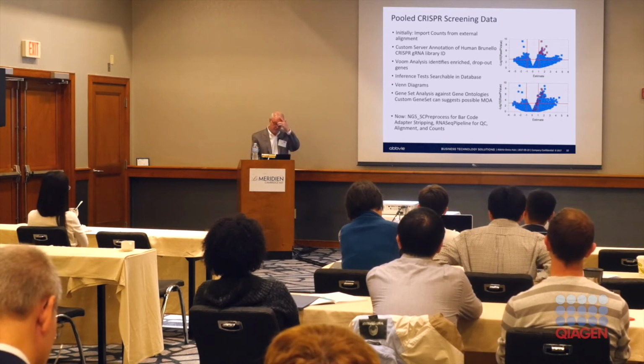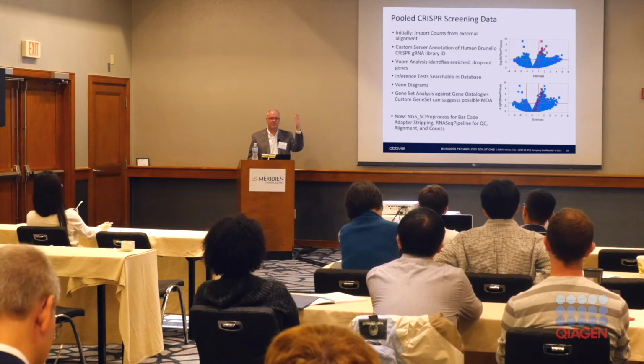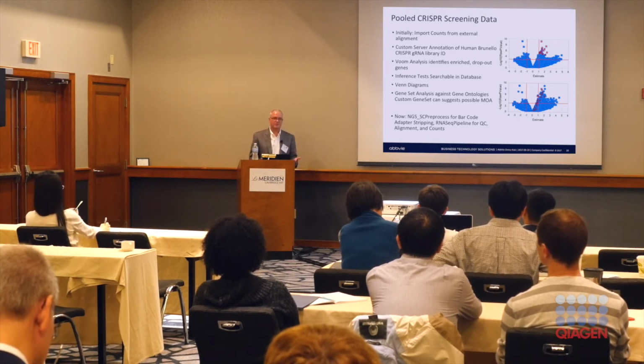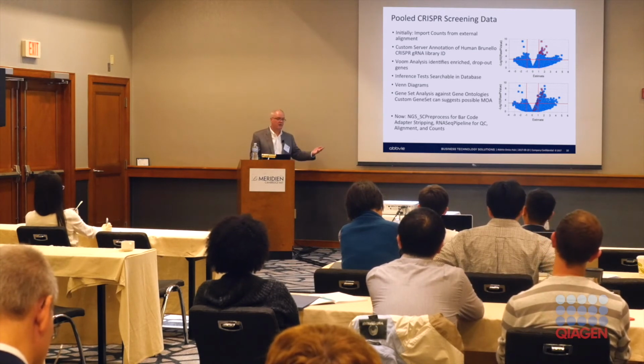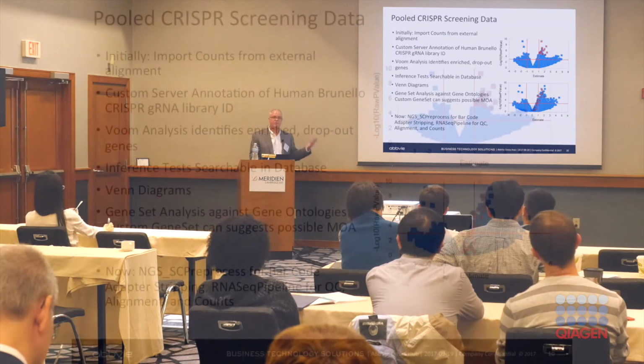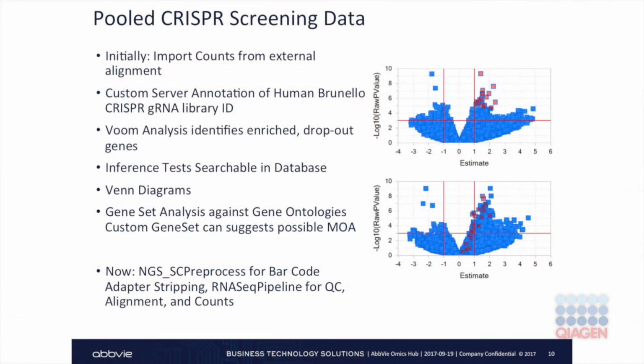And so now we can just go from FASTQ all the way up through gene set analysis within the same tool, and then it's all searchable. Because certainly you'd like to say have some compounds that give you an inference test in some RNA-seq experiment, and then later on say, hey, those genes were in the same hit series from some CRISPR screen, right? That's the whole point of bringing everything together in an Omics Hub.